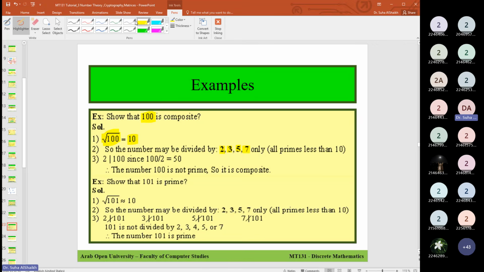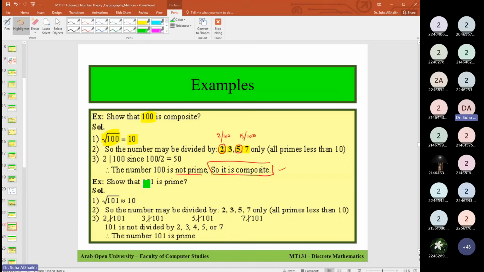Actually, 2 and 5 both divide 100. If we can find just one that divides my number, I'm going to say my number is composite. It's not a prime, it is a composite number.